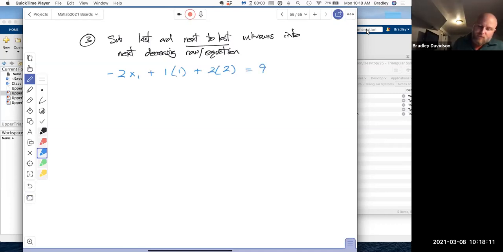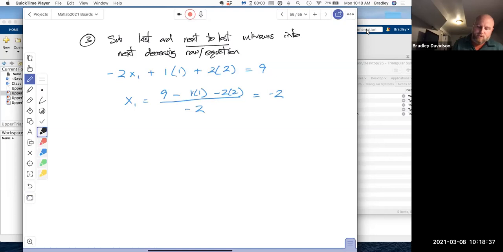And then we're going to solve for x1. Still writing out the entire equation, we take 9, which is on the right-hand side, subtract 1 times 1, subtract 2 times 2, and divide the entire thing by -2. This gives us -2.